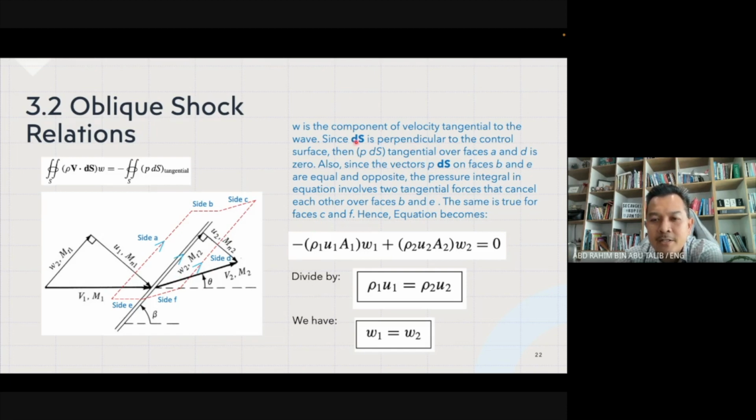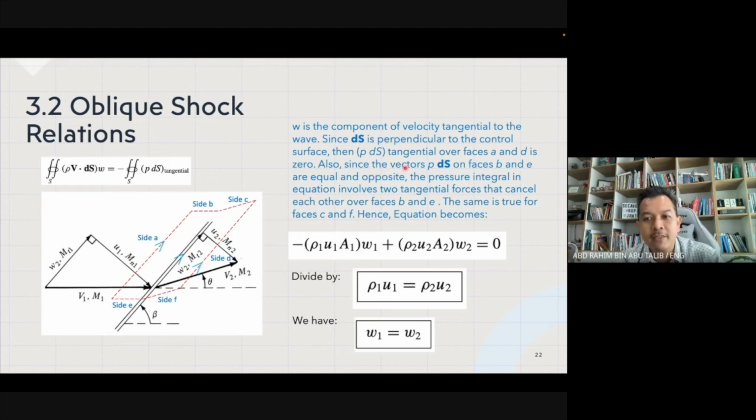Since dS is perpendicular to the control surface, the pressure integral, p dS, tangential over faces A and D is 0.